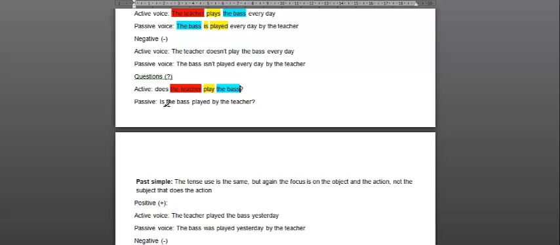Also, we're gonna pass the bass to the beginning, and because it's a question, we're gonna put the verb to be first, right? As I told you, verb to be first, then the verb in past participle, and at the end, well, this is optional. Remember, by the teacher. Is the bass played by the teacher?